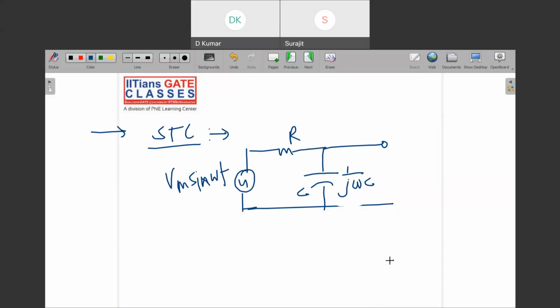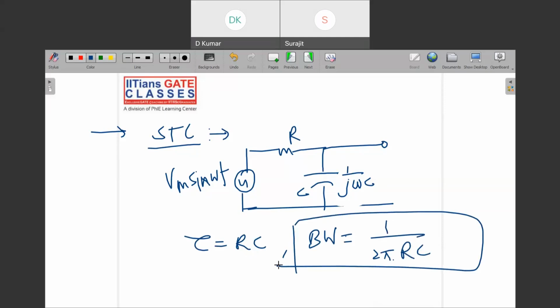As far as we know, tau is RC. So the bandwidth will be 1 upon 2 pi RC.